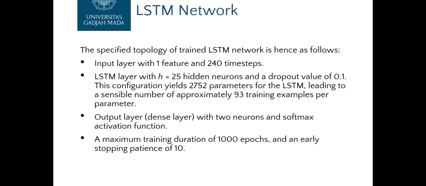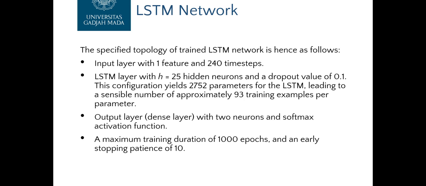A maximum training duration of 1000 epochs and an early stopping patience of 10. Hereby, the training samples are split into two sets, one training and one validation set. The first set is used to train the network and to iteratively adjust its parameters so that the loss function is minimized.